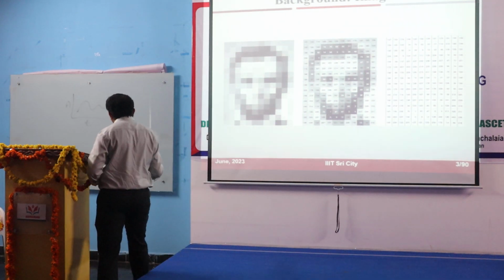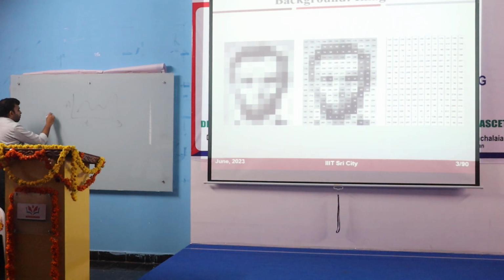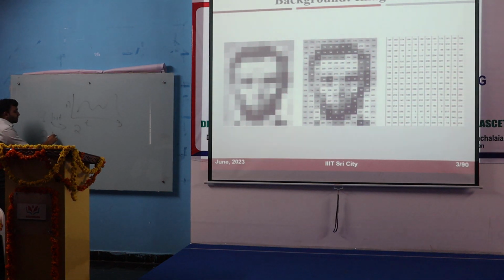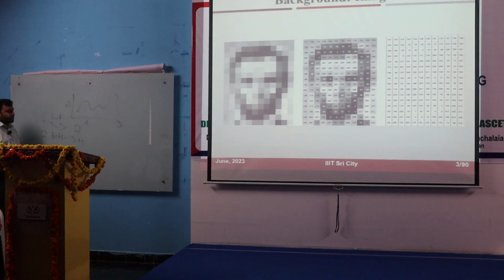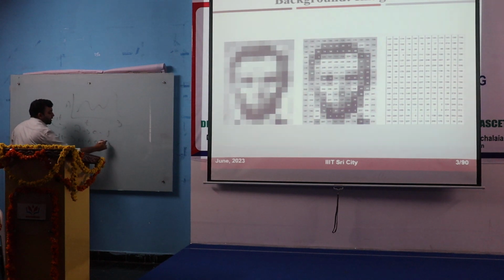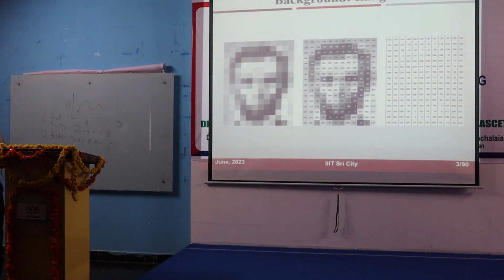If I have only one bit for representing a pixel, I can have two values. If I have 2 bits, I can have 4 values. Here I can have 0 to 1, here I can have 0 to 3.